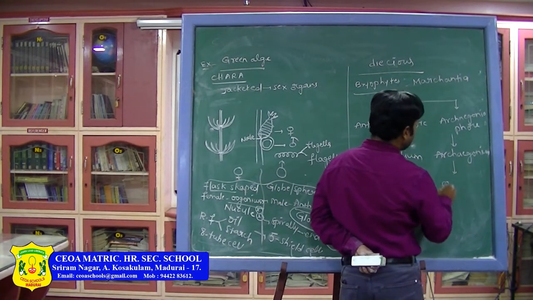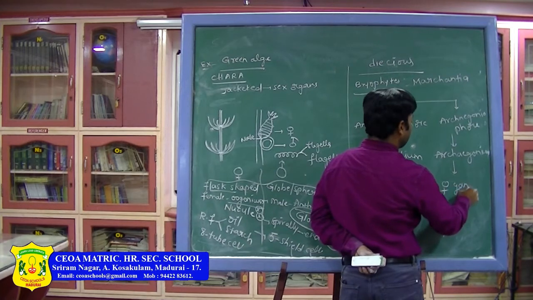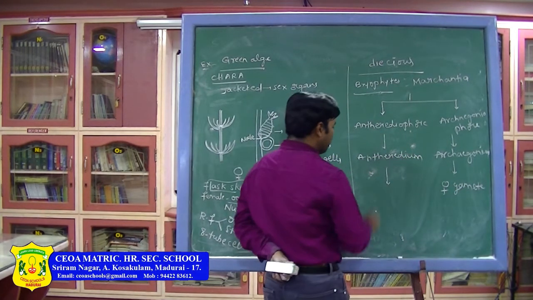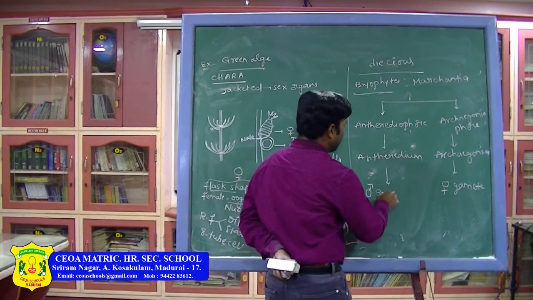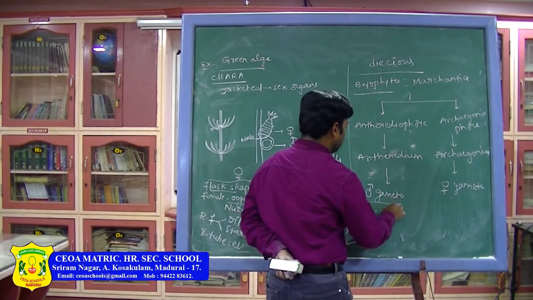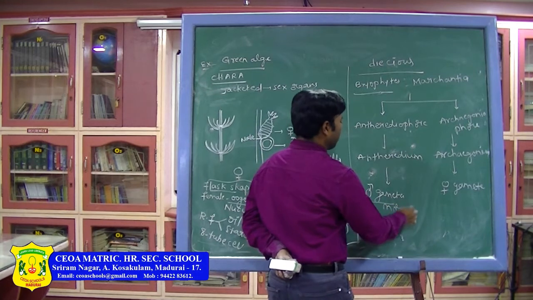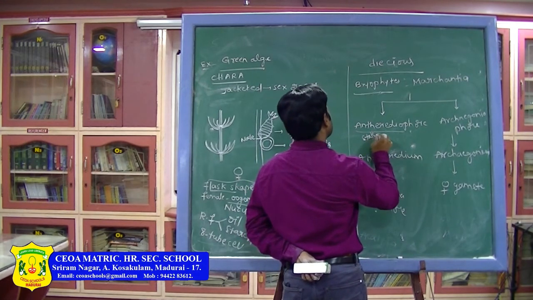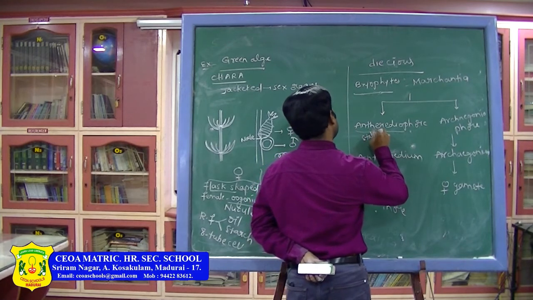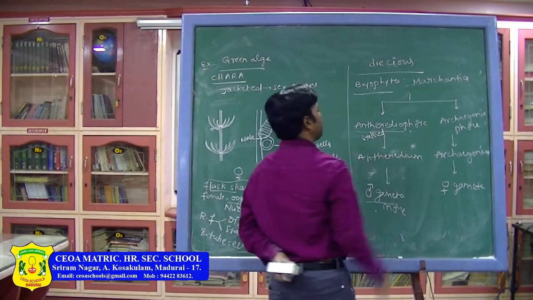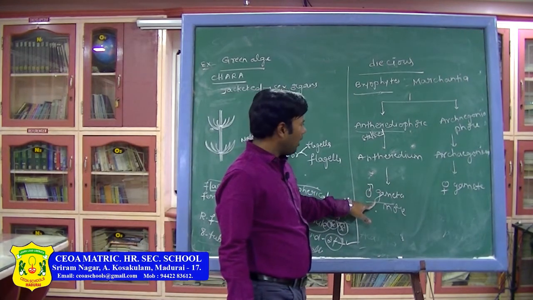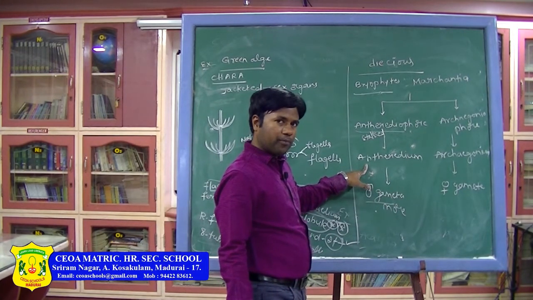Then the female gamete, only one will be produced, non-motile, whereas male gametes will be produced in larger numbers. Antheridiophore means the stalked part. On that the antheridium grows.